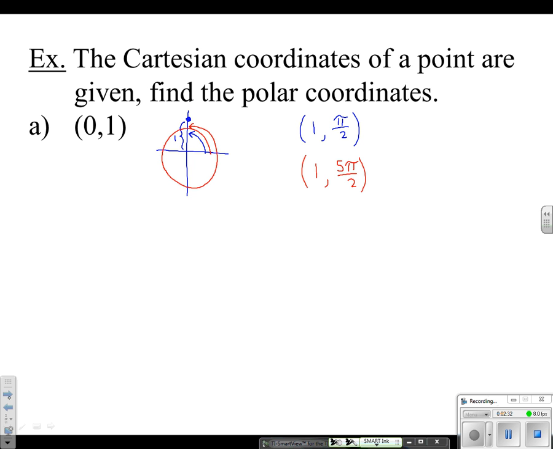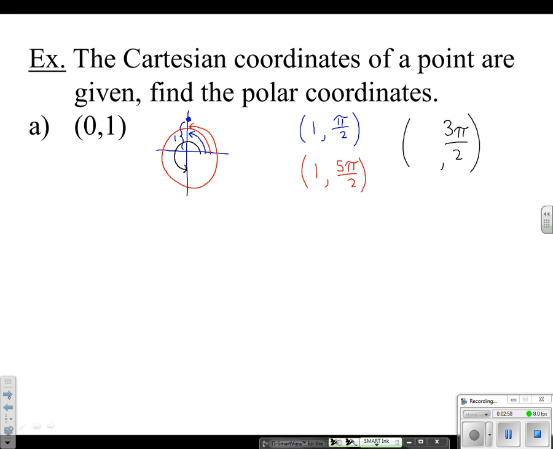Another alteration is, what if r is negative? Now, it seems a little bit strange to talk about negative radius, but it is possible. What if we go around until we stop down here? So we have an angle of 3 pi over 2. Now, obviously, that's the wrong direction. So a negative radius means, okay, face the angle 3 pi over 2 and then go backwards.